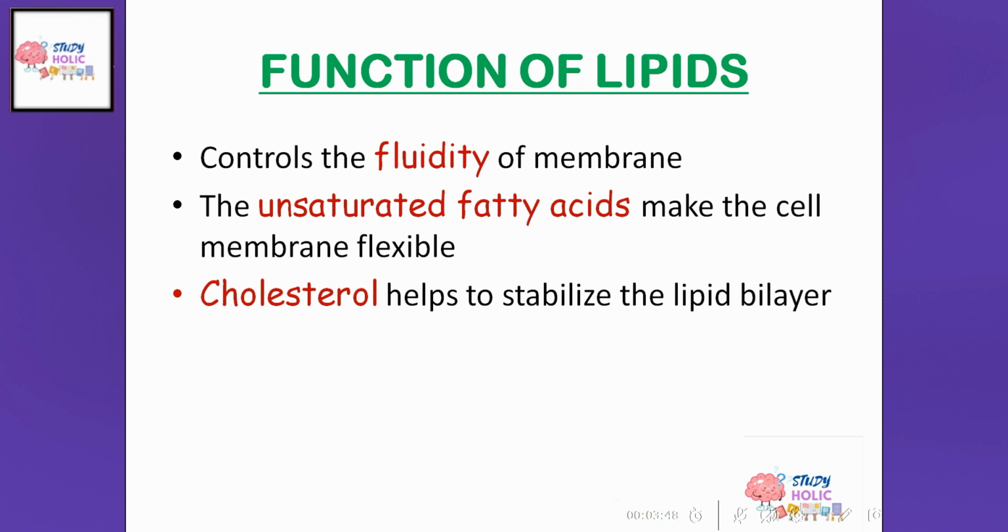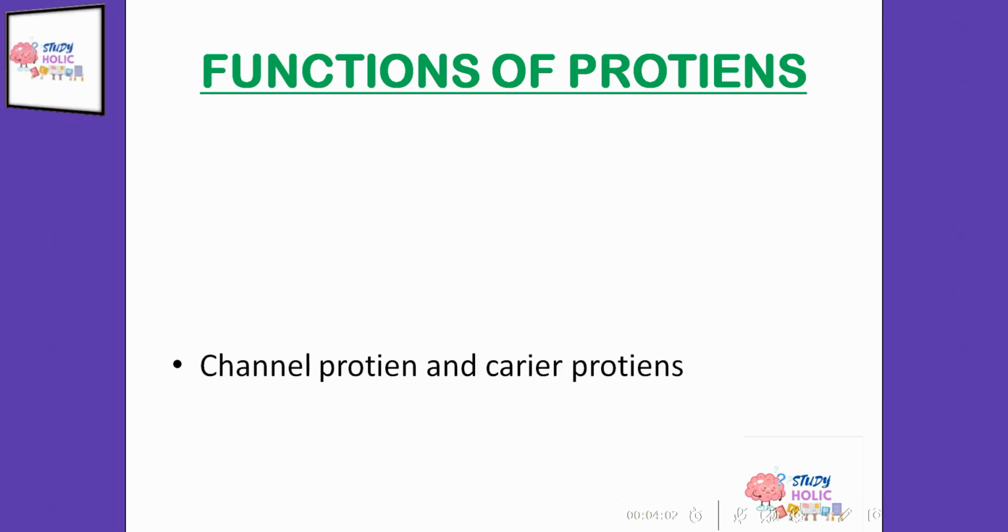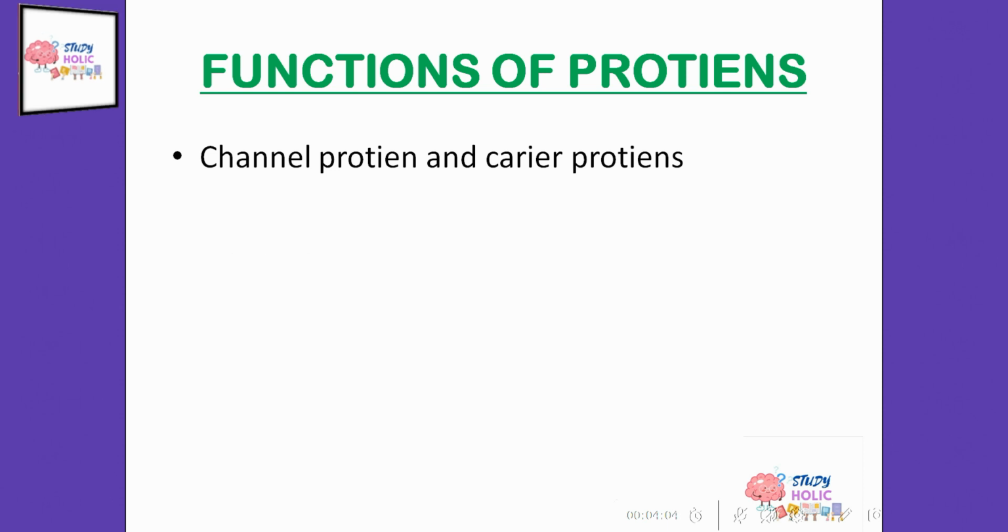Okay, now let's discuss the functions of proteins. There are mainly two types of proteins in the plasma membrane, which I've discussed earlier, the channel proteins and the carrier proteins. Channel proteins help the substance to move across the membrane, whereas the carrier proteins bind the substance and then help to transport it into the plasma membrane.